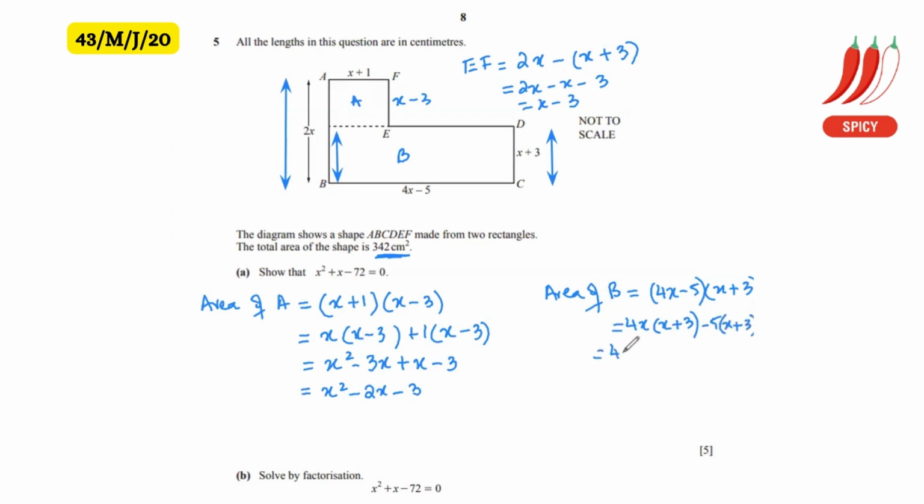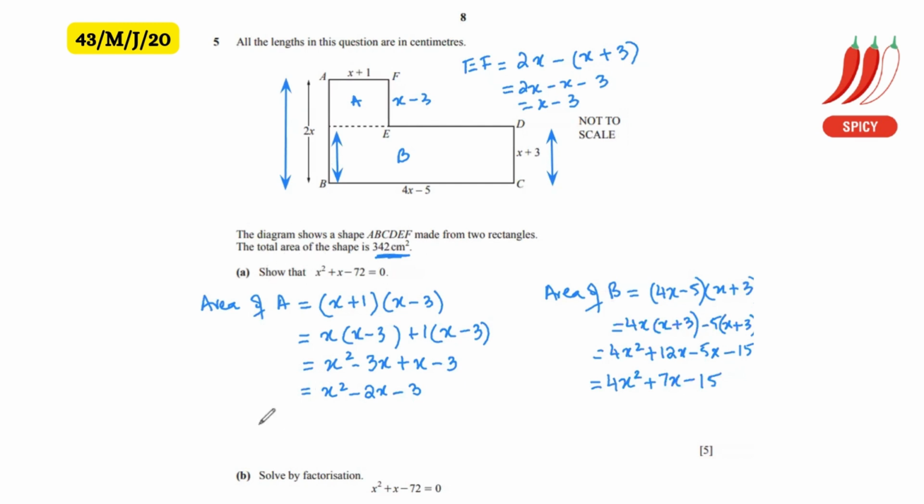That's going to be 4x squared plus 12x minus 5x minus 15, which further simplifies to 4x squared plus 7x minus 15. So now these are the separate areas of A, the top rectangle, and B, the bottom rectangle.